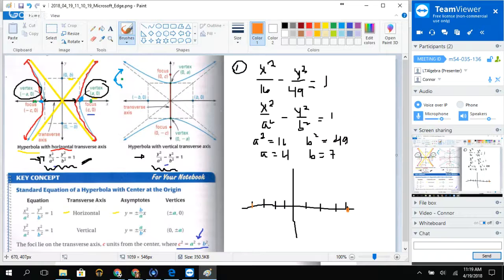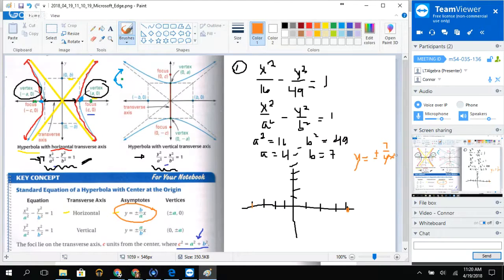I also know that my asymptotes are at y equals plus or minus b over a times x, so 7 over 4 times x. I should put that in a different color. So if I draw my asymptotes, I'm going to rise 7. Oh, I didn't do a very good job graphing here.